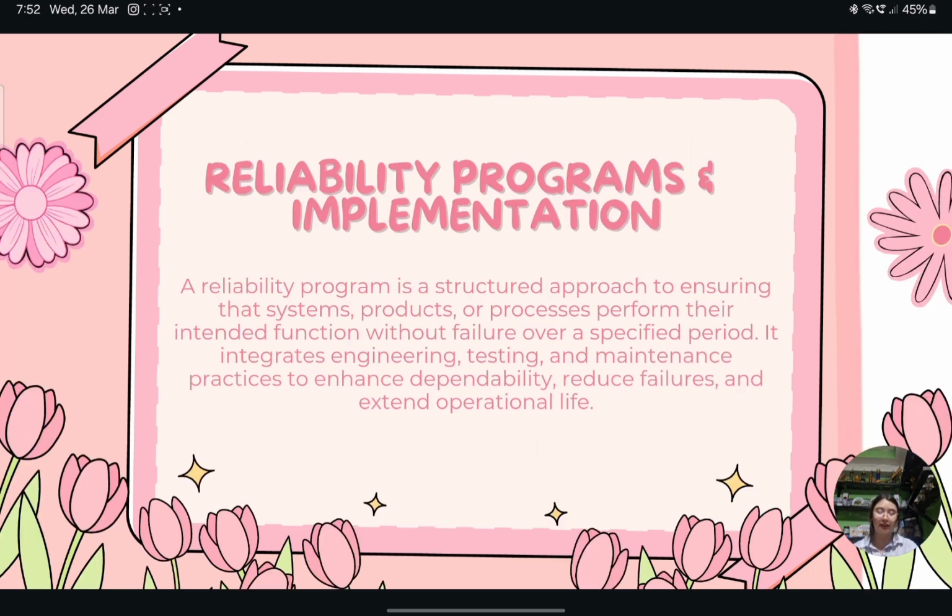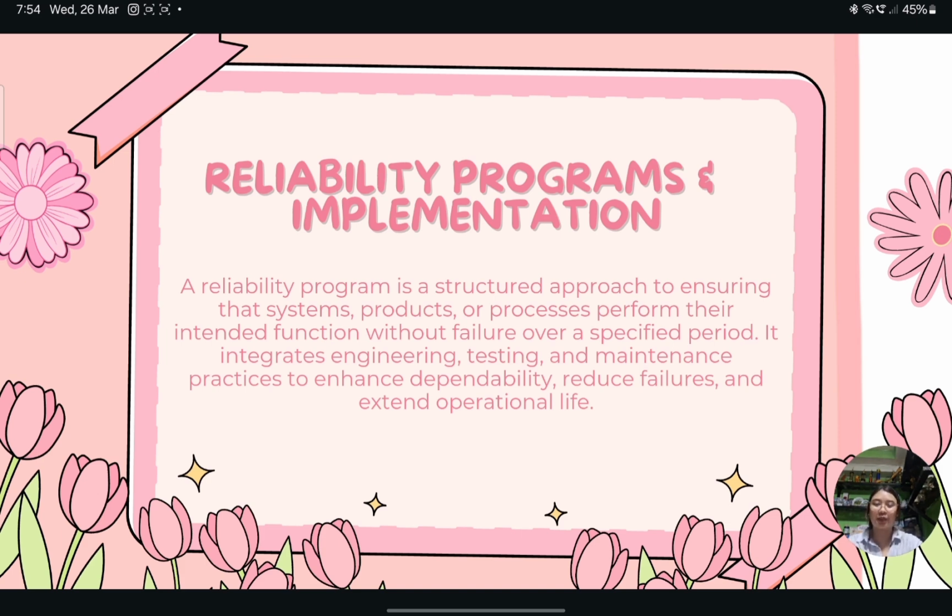So let's talk about reliability programs and implementation. A reliability program is a structured approach ensuring that the system, product, or process performs its intended functions without failures over a specified period. It integrates engineering, testing, maintenance, and practices to enhance dependability, reduce failure, and extend operational life, right?